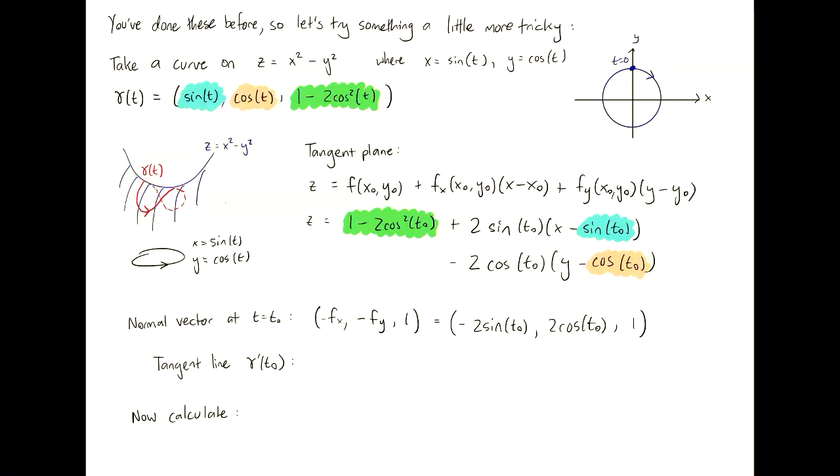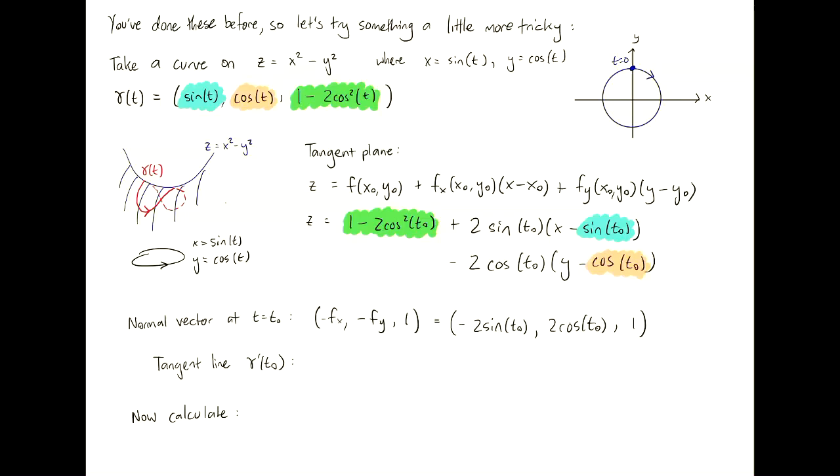Now, we can also calculate not just the tangent plane to the surface, but the tangent line to my curve at any point. So I can calculate the tangent line to gamma, and that is hopefully simple. You remember it is just the derivative of gamma. That's the definition of what gamma gives us. So the tangent line is gamma dashed of t naught.